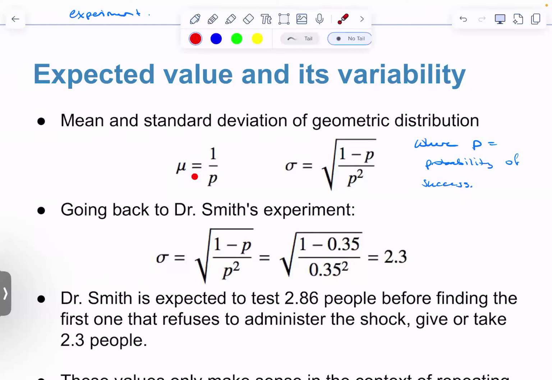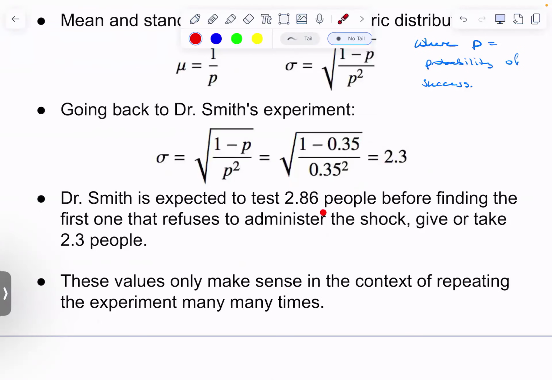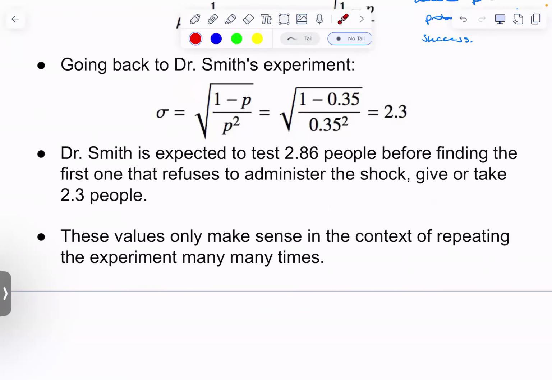So we can find the mean and we can find the standard deviation just using p. And so in this case, if our p is 0.35, our sigma would be 2.3. And so Dr. Smith is expected to test 2.86 people before finding the first one that refuses to administer the shock, give or take 2.3 people. All these 0.3s, 0.86, these values only make sense in the context of repeating the experiment many, many times.